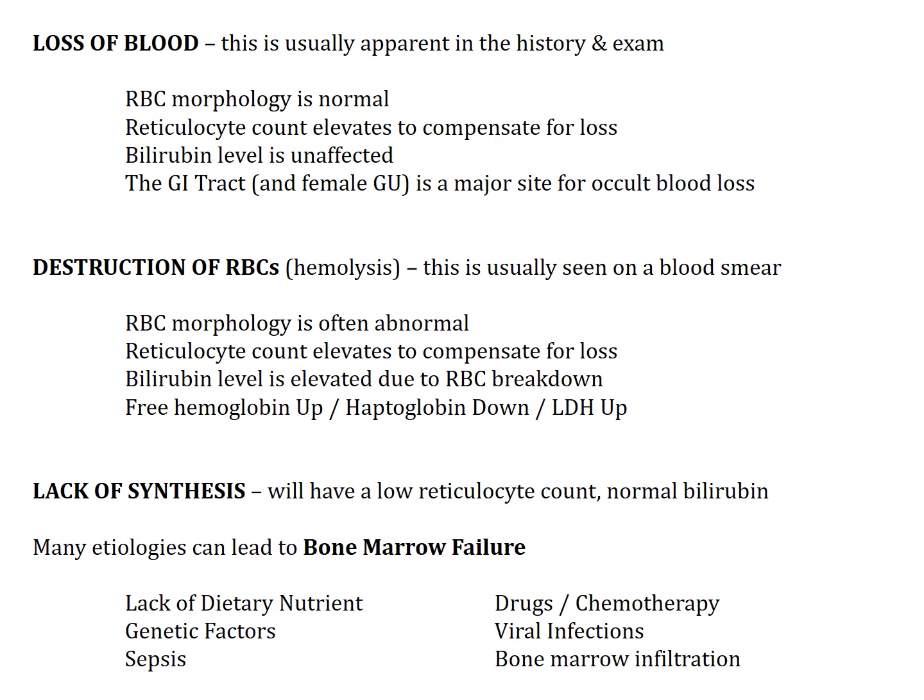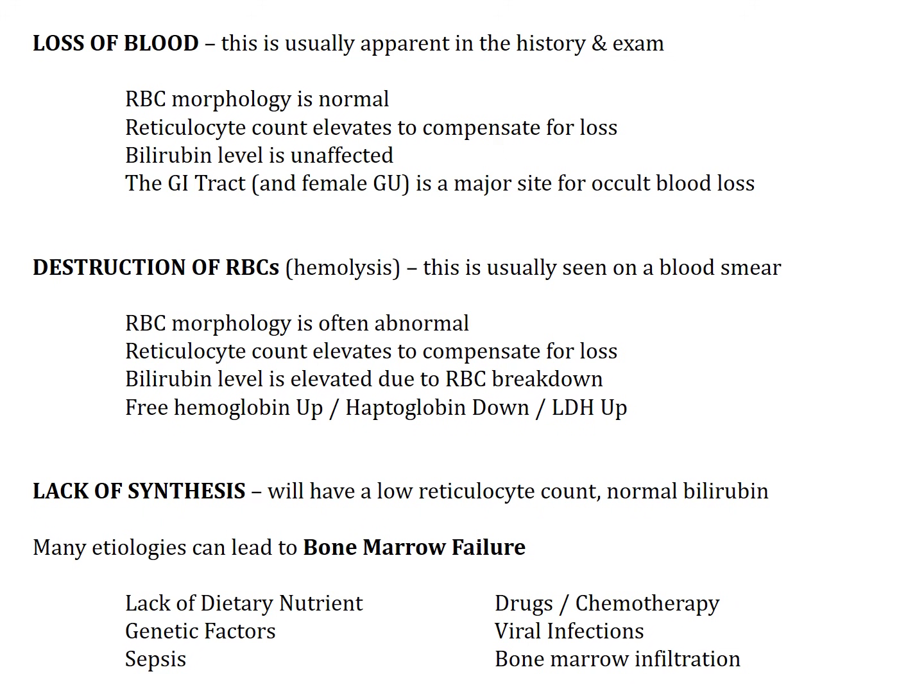Loss of blood. Okay, that's simple. You see somebody bleeding, hey, you're losing a lot of blood, you're losing red blood cells. Keep losing blood, you're going to get anemic. Keep losing blood, you're going to clinically decompensate and die, right? You're losing your O2 carrying capacity. So it's usually pretty apparent in an individual's history and physical exam if there's blood loss, right? The morphology of the red blood cells is usually normal.